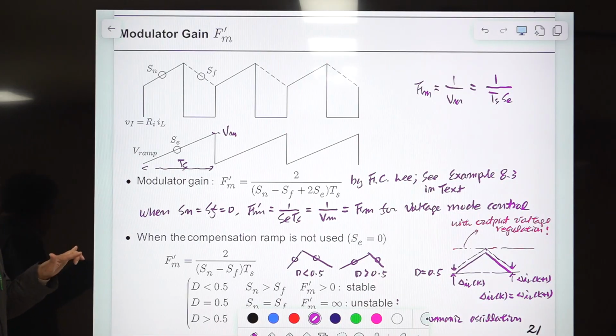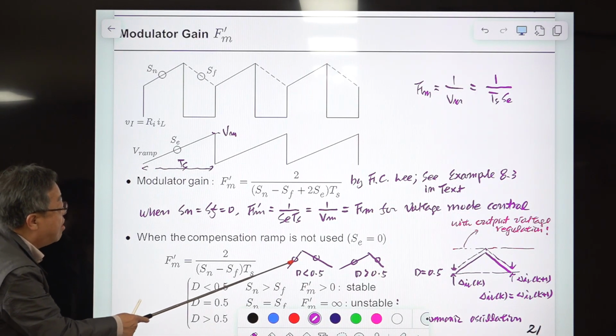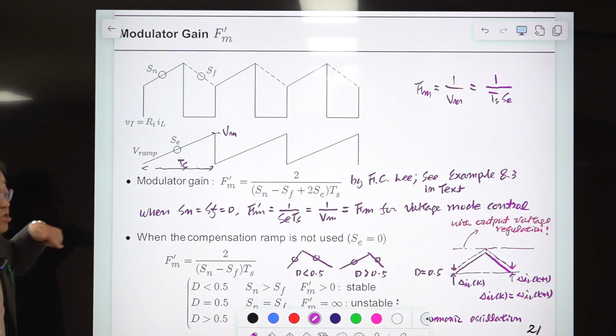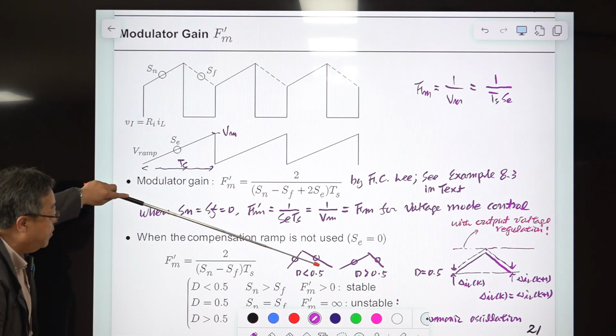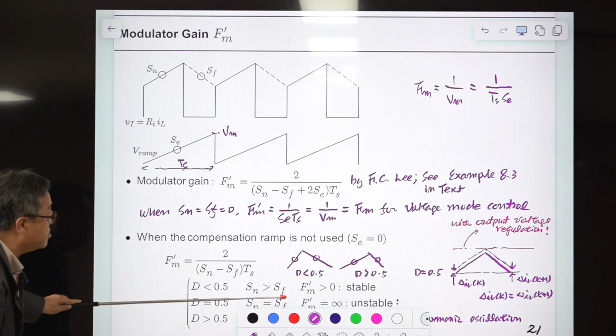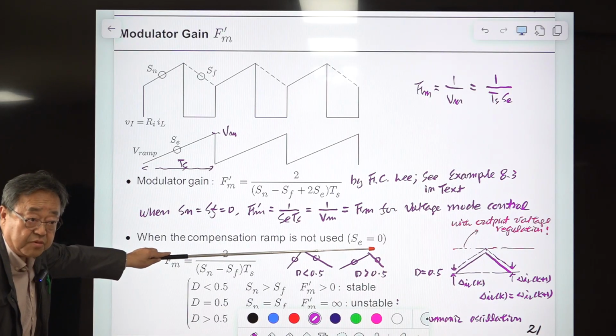For this case, the slope SN is larger than SF. I'm talking about the magnitude. The increasing slope of the inductor current is steeper than the decreasing slope. So SN is larger than SF, and SE is 0 because SE is set to 0.